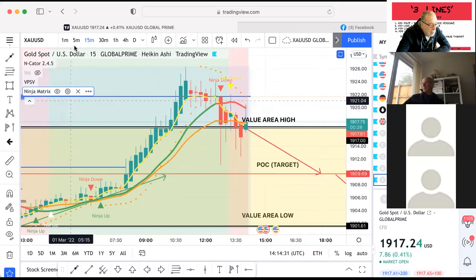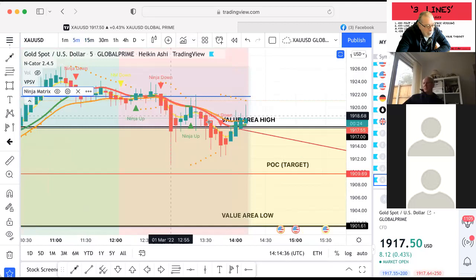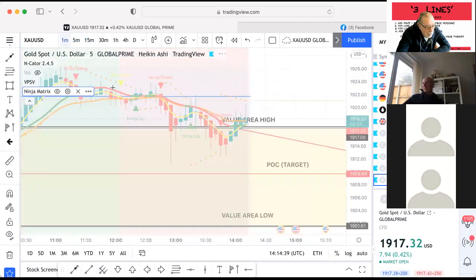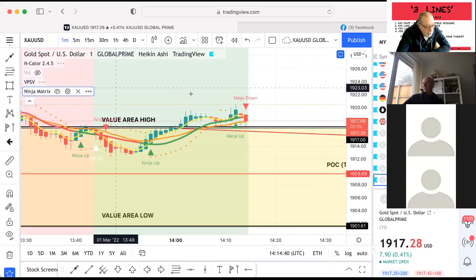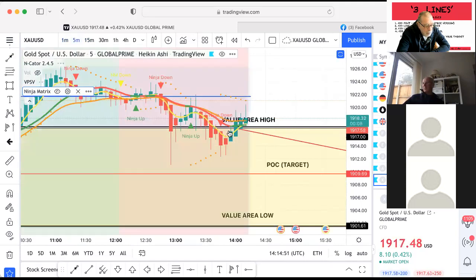Let me just change that to the 5 minute. Yeah, you can see it's having a bit of a pullback. So everything's lined up for a sell. In fact, on the 1 minute, it's been up and it's now starting to go down. So this is a temporary pullback, I guess. We've still got the pressure out the top pushing price down, but it's having a bit of a fight.